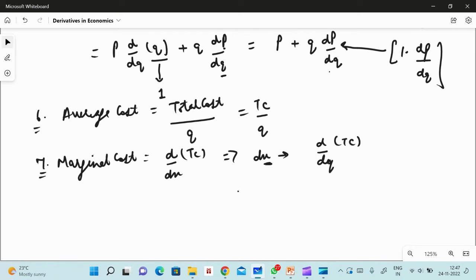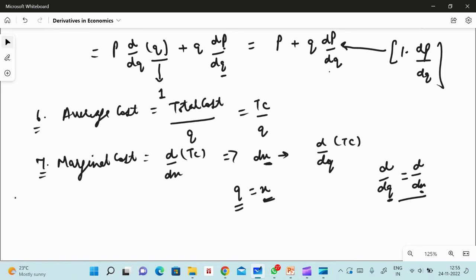Why? Because in some questions, q may be taken as x. Like instead of taking quantity as q, they will take quantity as x. So it means d by dq and d by dx are the same, right? Because they take quantity not as q but as an x variable.